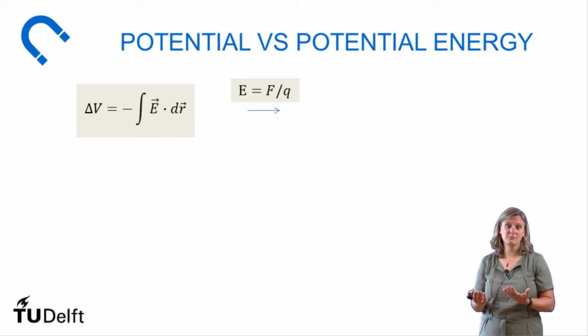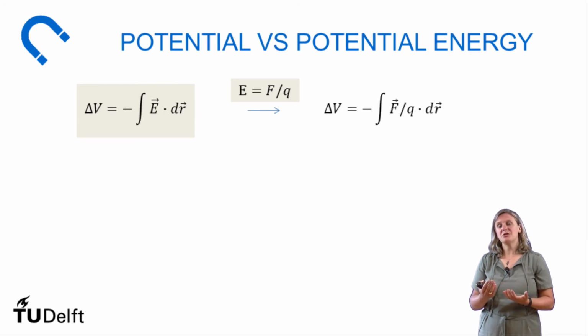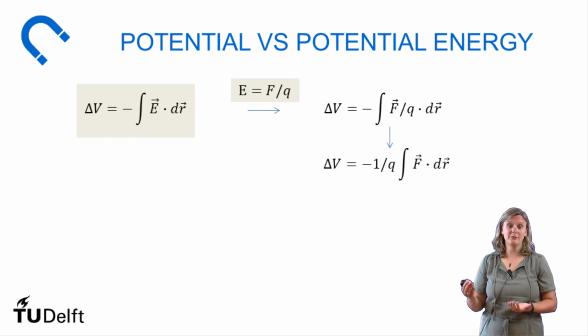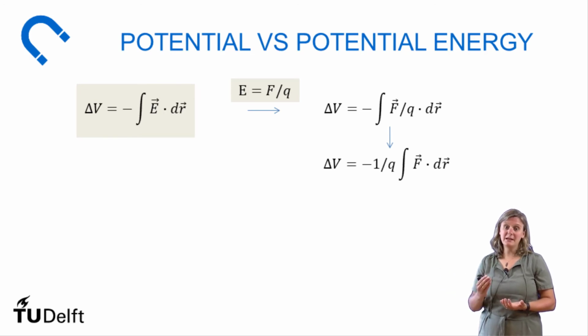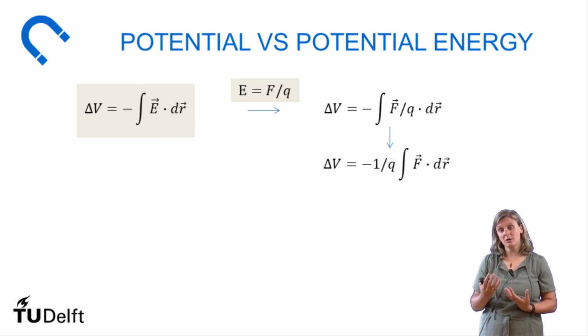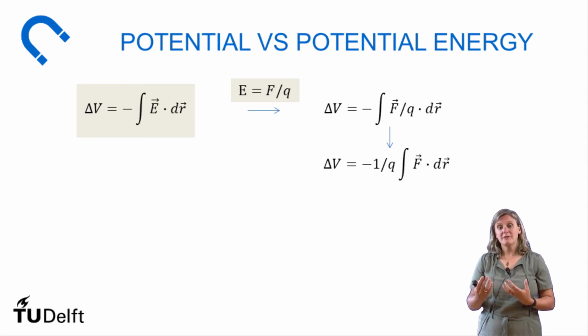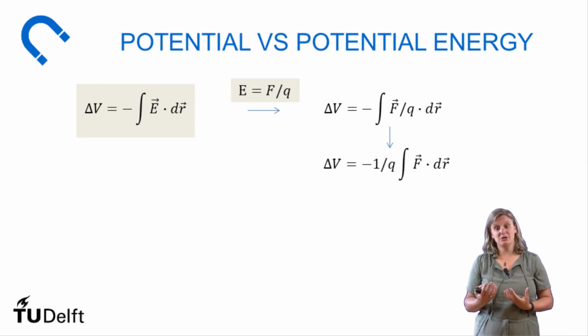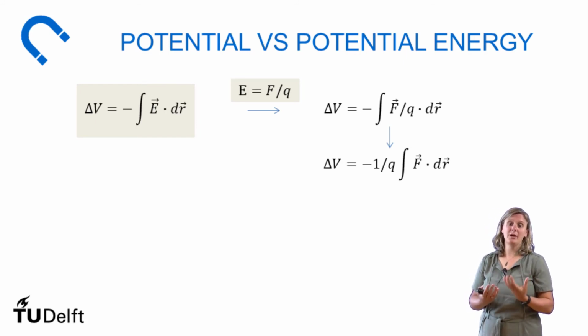This is what Coulomb has told us. If we fill that in, we start to see that the potential difference is actually 1 over the charge multiplied by F, the force, times the distance. And this is what you have seen before in a previous module. We know that that is actually the amount of work done. So from that you can already see it's actually an energy term, and that is what we call electrical energy.